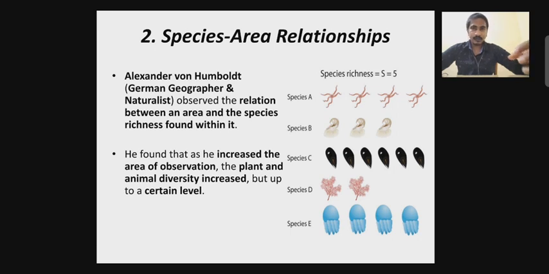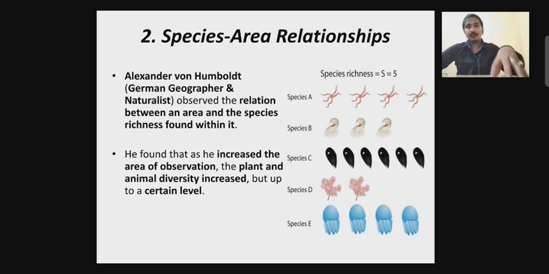Suppose you are in a particular field and I have asked you to survey around 20 meters of your surrounding, from where you are standing, and report the number of species you found in it. It is very obvious that in the first category you will find maybe a few species. If you increase the radius and search the area, you will find more species compared to the first, smaller radius category.